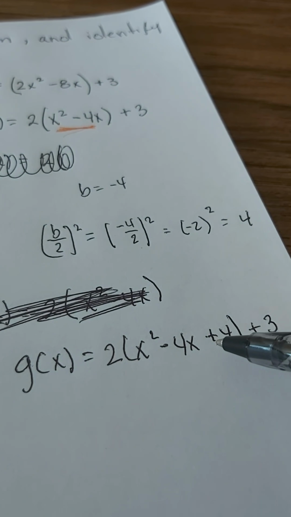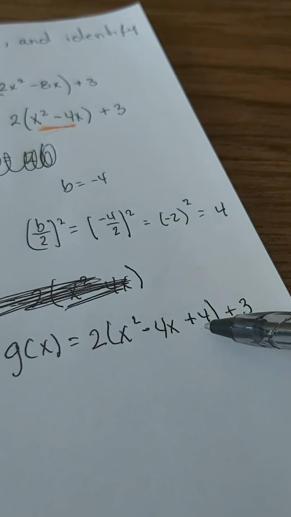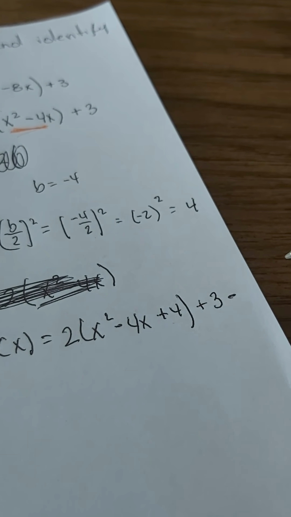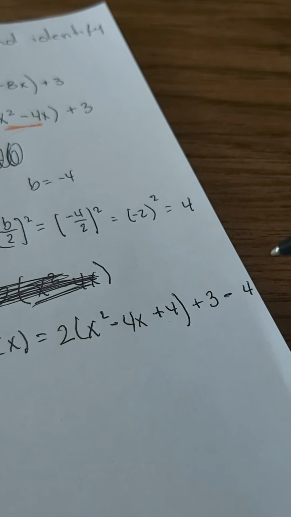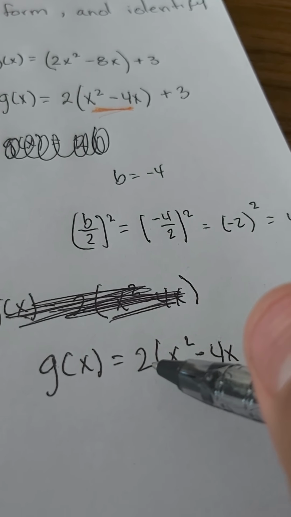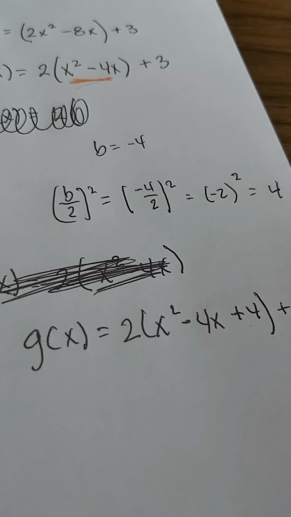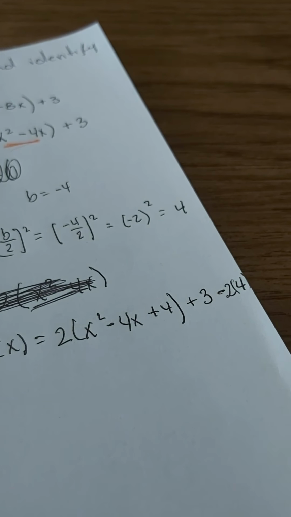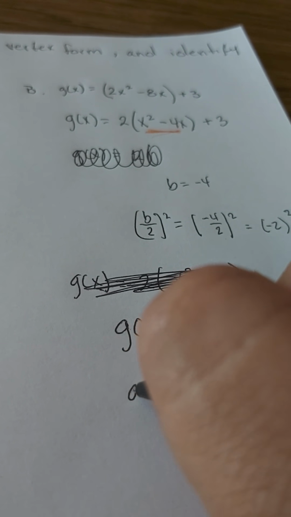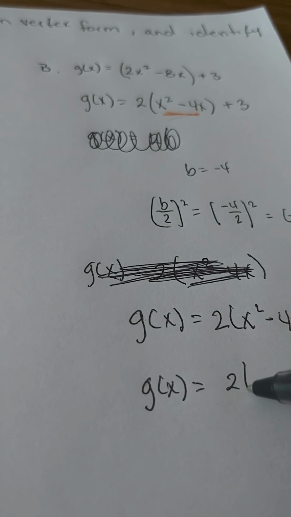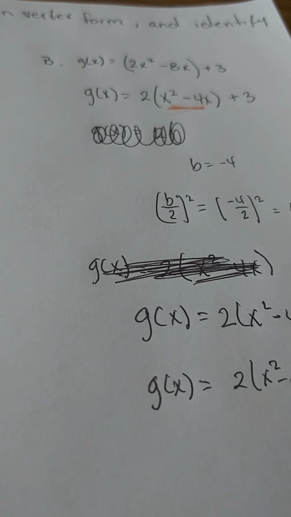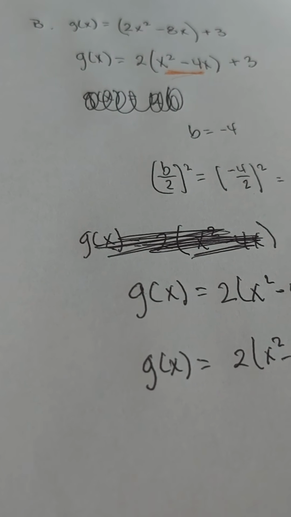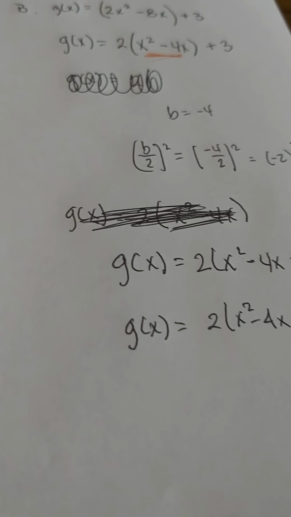Since we're adding 4 inside the parentheses, don't forget to keep the equation balanced. So we're going to subtract 4, but notice, since we're multiplying by 2 here, we have to multiply this 4 by 2. That way our equation will be balanced. So now we get g of x equals 2 times x squared minus 4x plus 4, plus 3 minus 8.